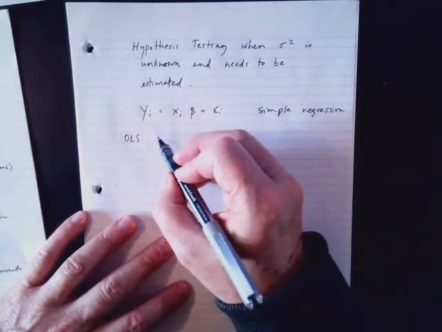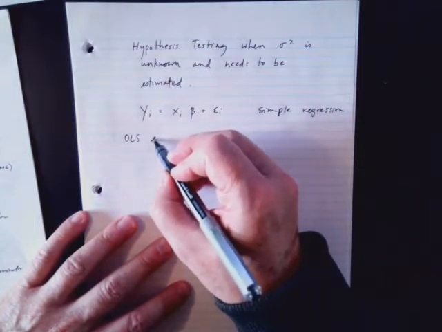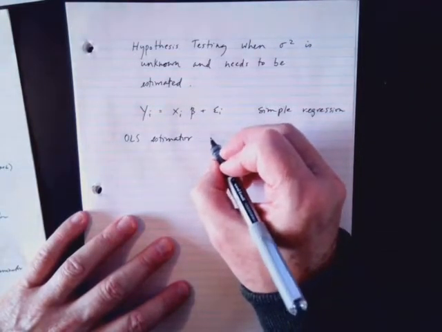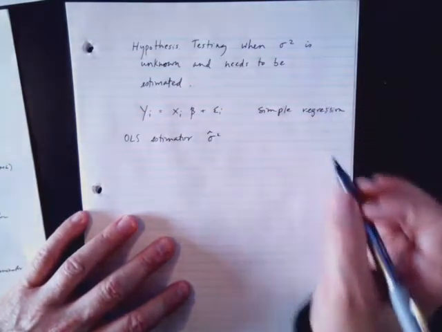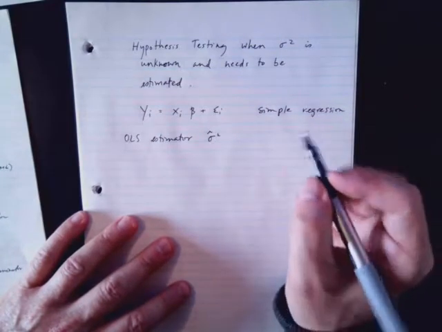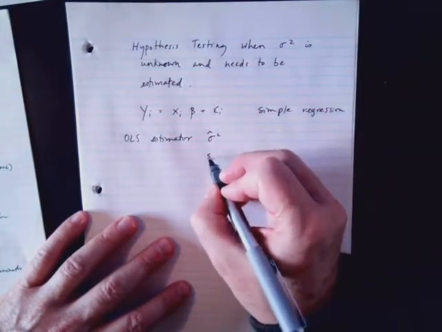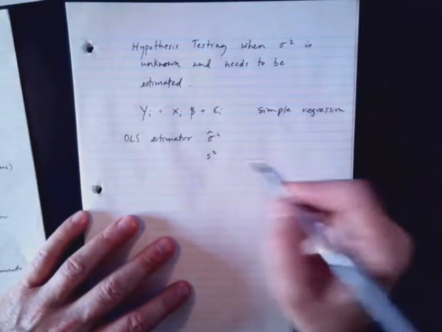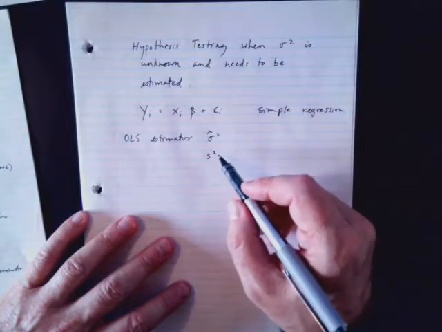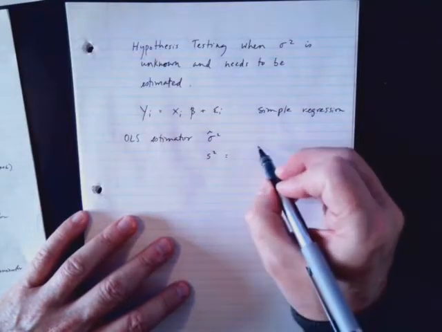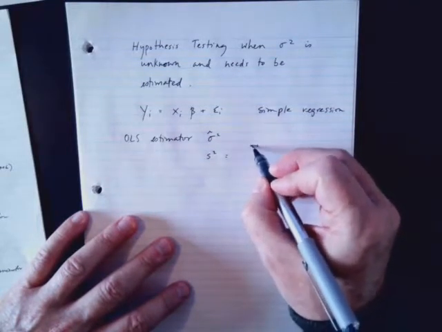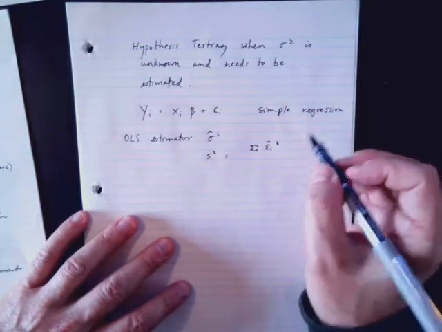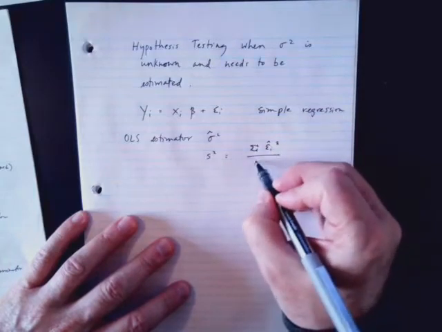The least squares estimator, the OLS estimator, sigma squared with a hat on top, and traditionally, instead of writing sigma hat squared, which would be fine, usually we write s squared. So s squared is the sum of the estimated error terms, or the residuals, divided by n minus 1.